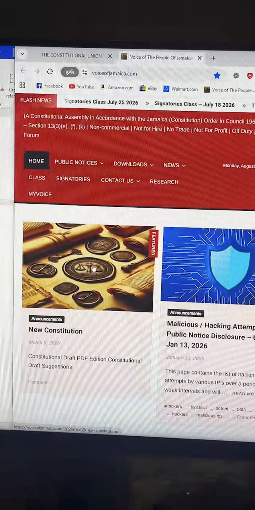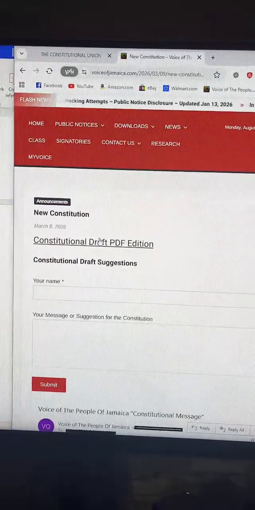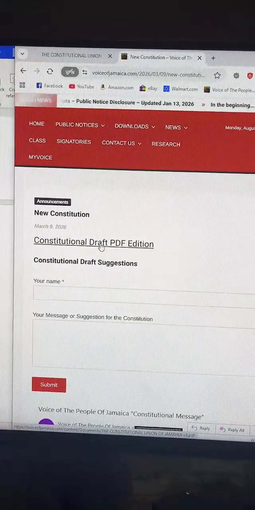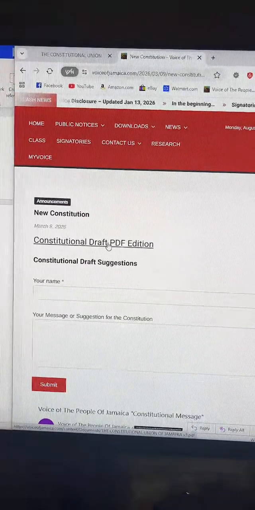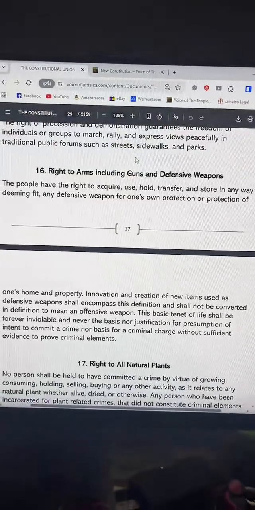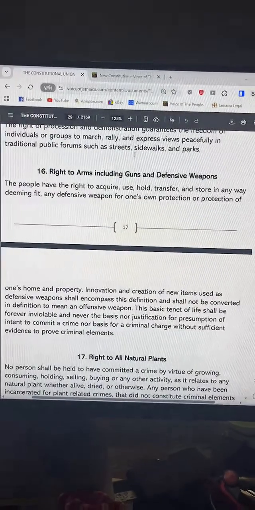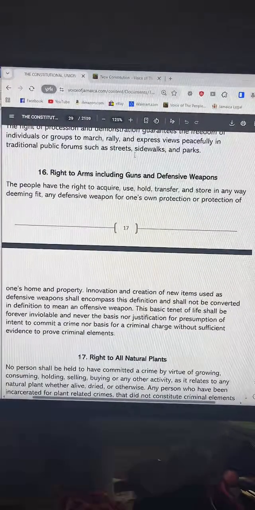You click on that, and then you scroll down a little bit and here you have the constitutional draft PDF edition. And that is what we're looking at here. So that is how you get to this document. Over the past 6 months, this is what we have been drafting over here.